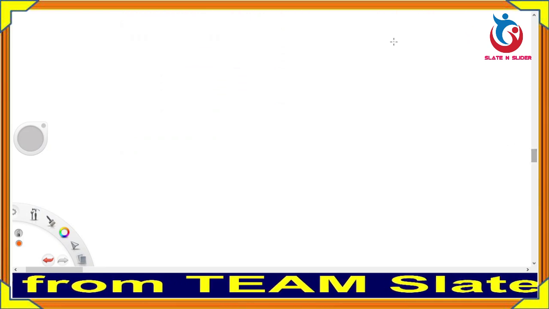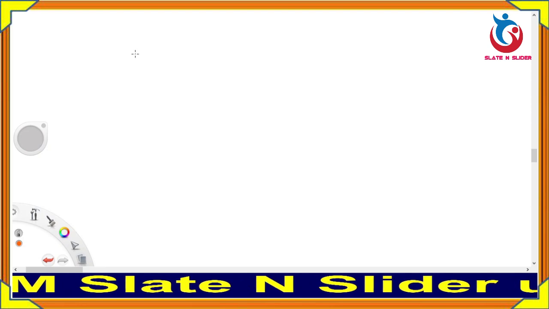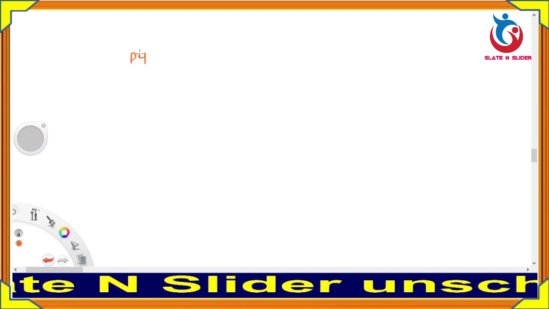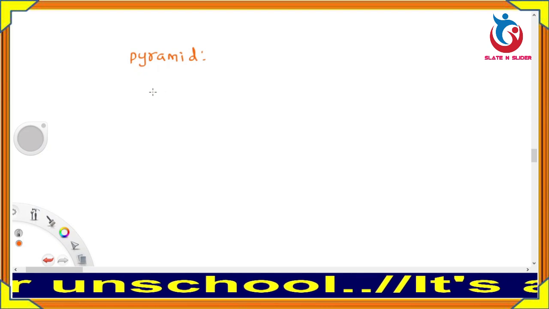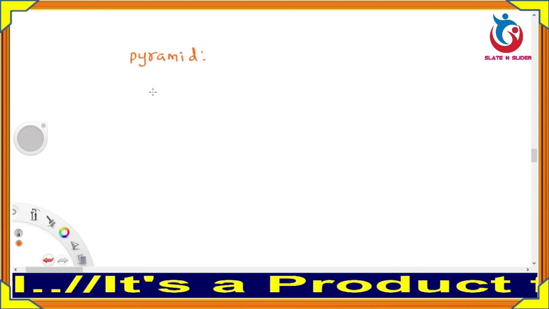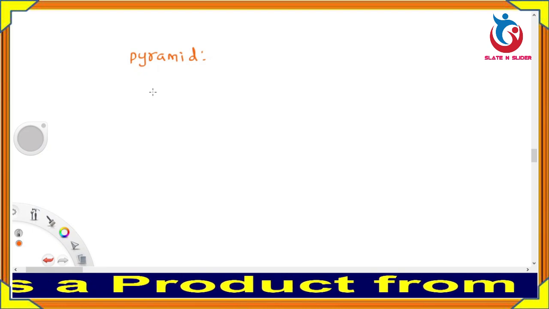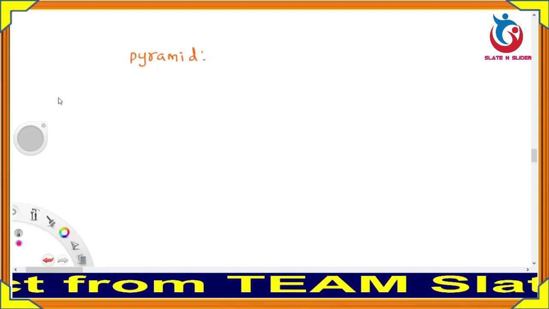pyramids. So, what is the definition of a pyramid? Pyramid means it is nothing but a prism, but it has no top, only it has the base and the lateral surfaces. The lateral surfaces will be joined to a vertex. So, that figure is called a pyramid. So, let us observe.